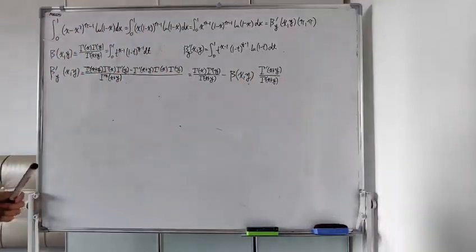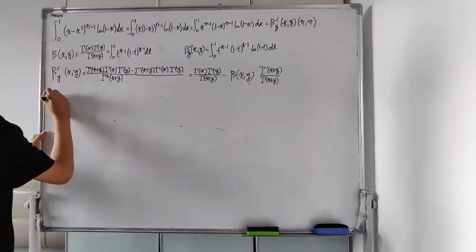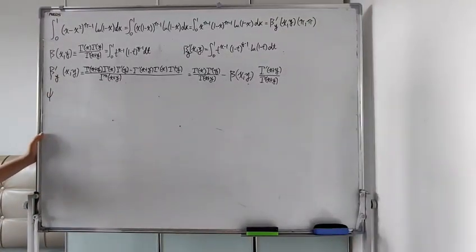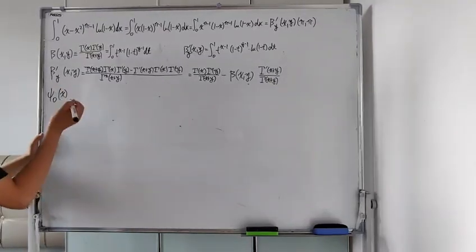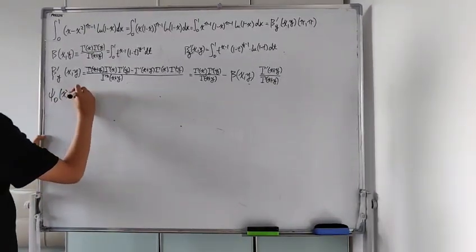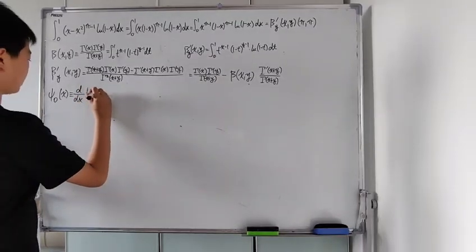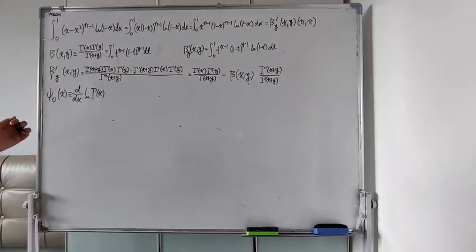And now another thing to realize, if you were to look at the digamma function, digamma, was it 1 or was it 0? I think it's 0. Digamma 0 of x, for example, is defined as the derivative of the natural log gamma. Okay, so this is the definition of the digamma function.